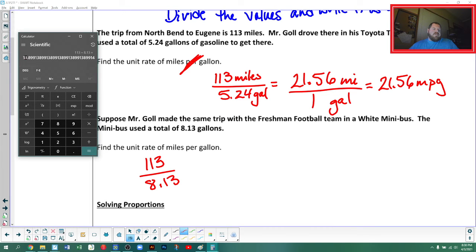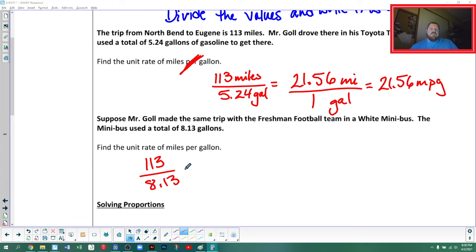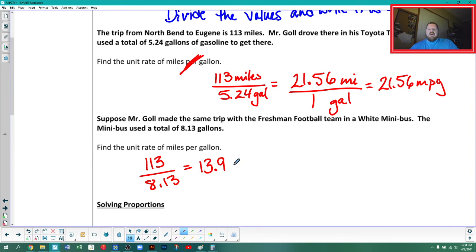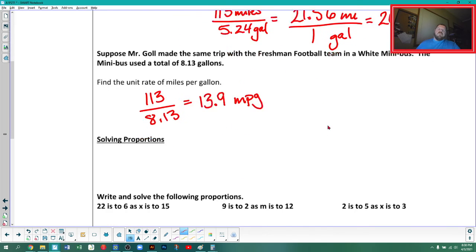And I think we're good with saying 13.9. So 13.9 miles per gallon. And you could have written it the same way here and then answered with the final answer like I did. But I just skipped that step. So obviously my Tacoma gets a little better gas mileage than one of the white minibuses.